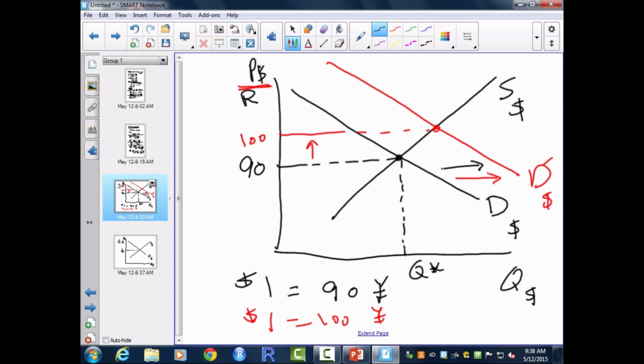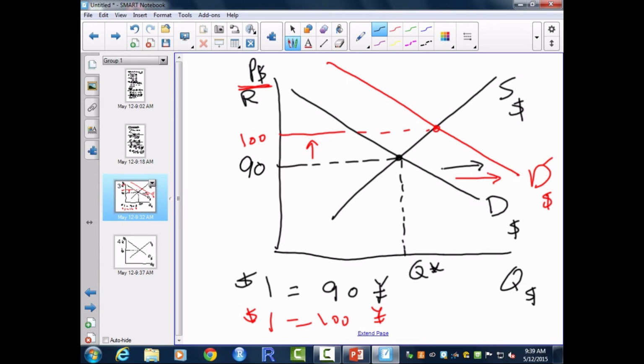Now, when they want to purchase more US dollar, what would they purchase it with? They have to purchase it with Japanese yen. So they take the Japanese yen into the currency market and demand US dollar. So while the demand for US dollar goes up, the supply of yen will go up.